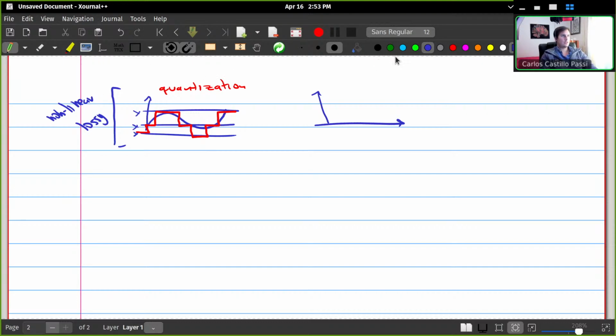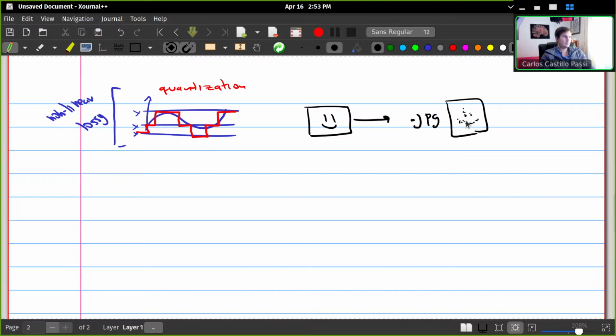Another example was the compression of images. If, for example, you have a smiley face and you transform that image to a JPEG and it gets a little bit blurry, that's a lossy compression. There are other formats that are not lossy, for example PNG or bitmap.